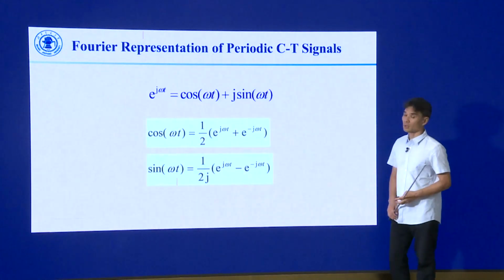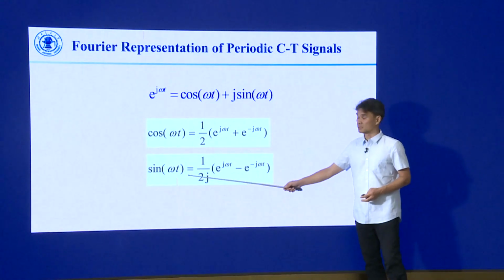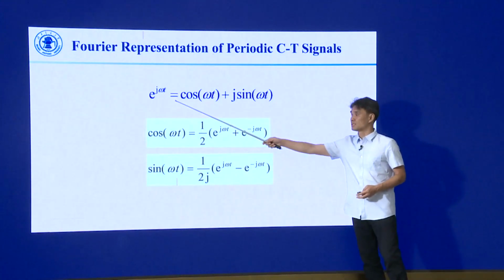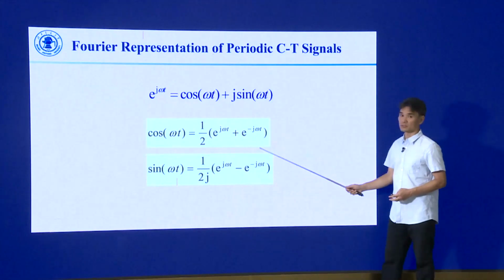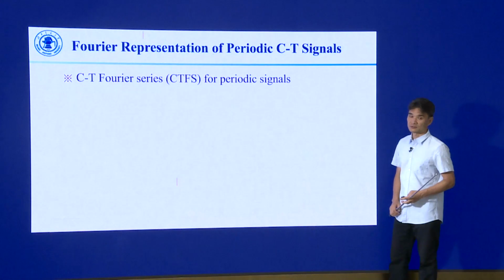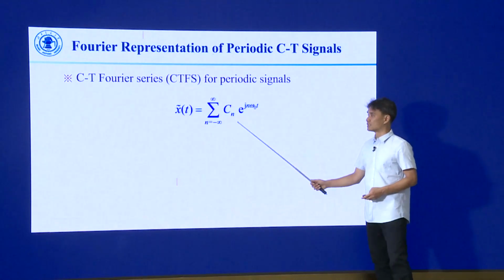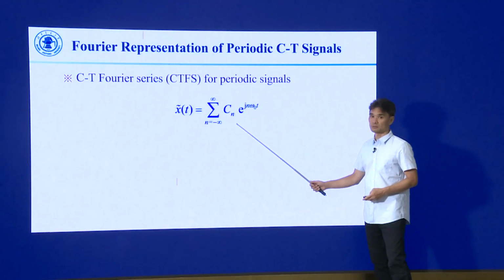Based on the Euler equation, we know that any sinusoidal signal can be converted to imaginary exponential signals like that. So the Fourier series for continuous time periodic signals can be represented in this more compact form.